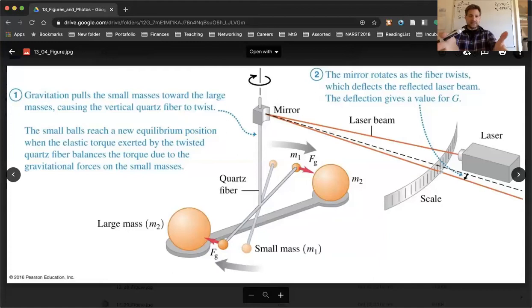That's why we needed this crazy apparatus with a laser and a deflection angle, because with normal laboratory sized masses, we're not going to be able to measure this. Capital G is so small. We would never be able to detect any forces unless we constructed a really sensitive apparatus like this one.